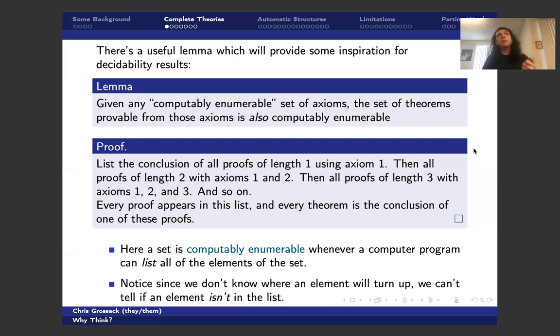And if it is a theorem, I know it will be in the list somewhere, but I don't know where it turns up. And so if I'm not a theorem, I'll just be waiting forever to see. Maybe I checked the first million, but I can't stop because maybe this non-theorem is actually the 1,000,001st element of my list. So it's a rather subtle point, and it's not going to matter for us, but it is a good thing to keep in mind. I just morally felt like I needed to give that warning.